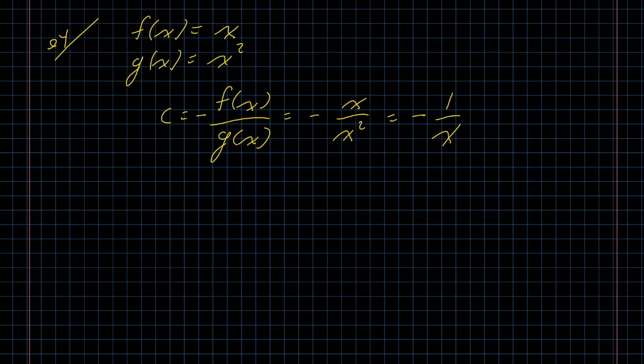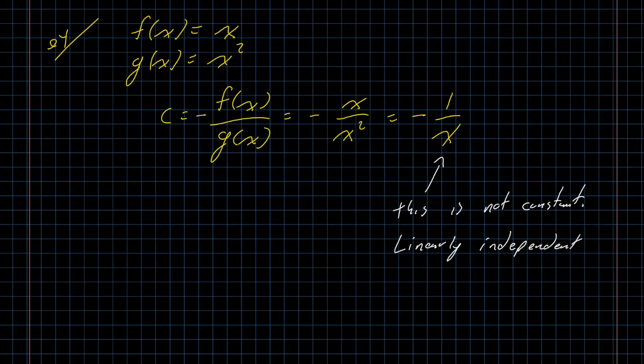That is a very simple function. There's no cleaning up left to do. This is not constant. And because this is not constant, we can conclude that f and g are linearly independent in this case.